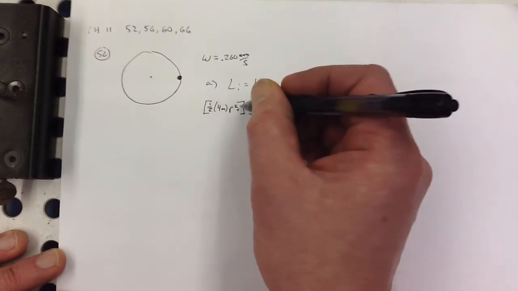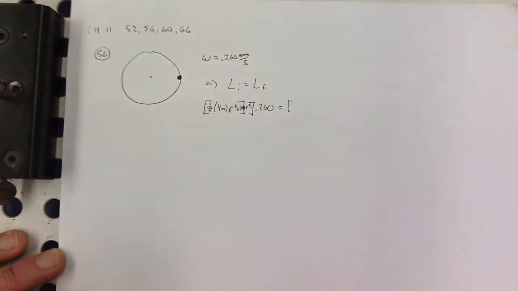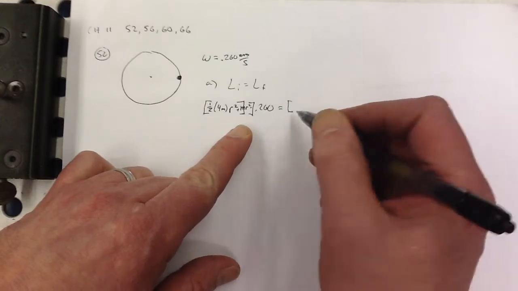So that's plus the m r squared of the cockroach. Sorry about that. Sorry, cockroach. Forget you. How could I?